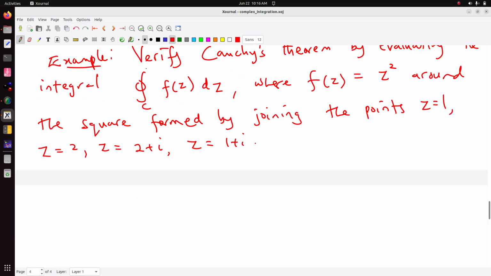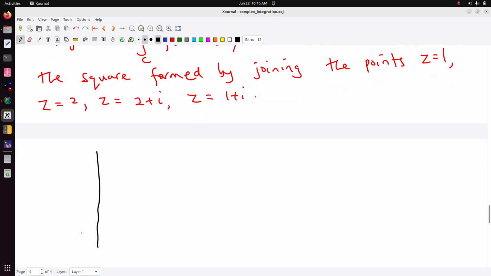So what we mean is that if you draw your curve, this is x, which is the real part, and this is y, which is the imaginary part of the complex plane. The first point is at z equals 1.